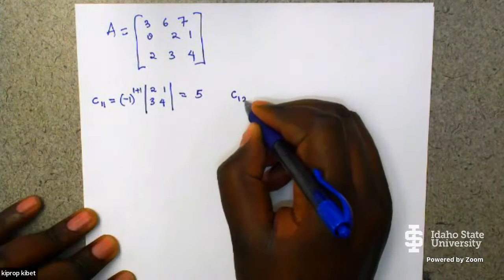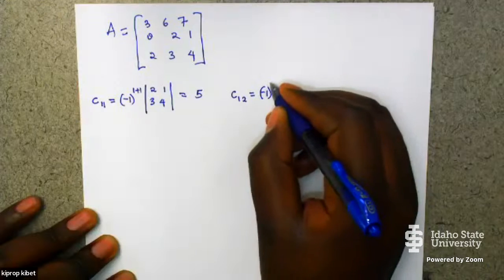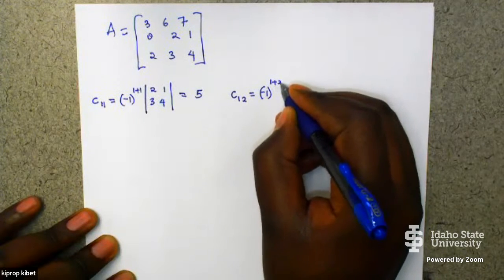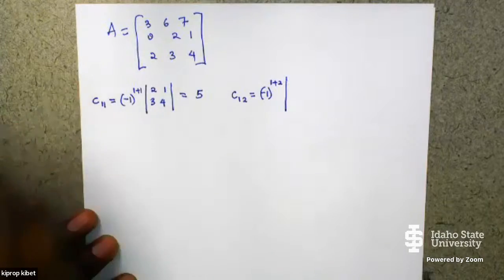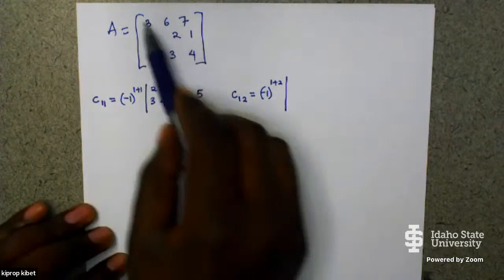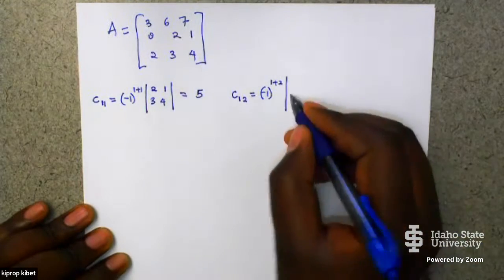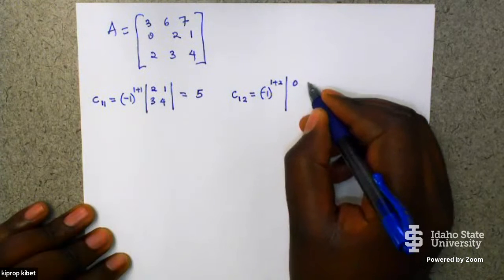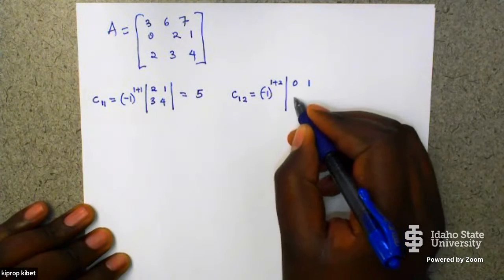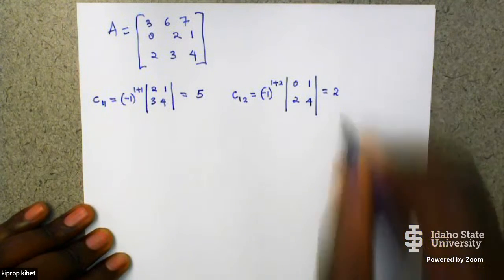C12 is equal to -1 to the power 1 plus 2. So basically deleting the first row and the second column. So our determinant here is 0, 1, and then 2, 4, which is giving us 2.